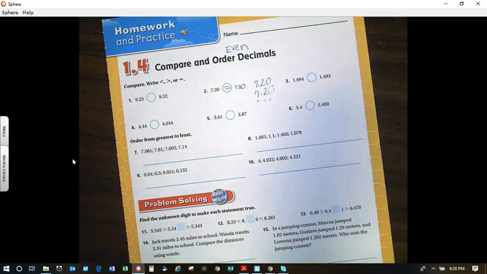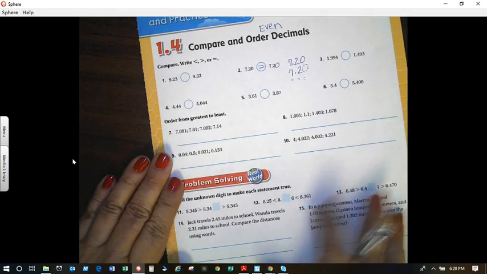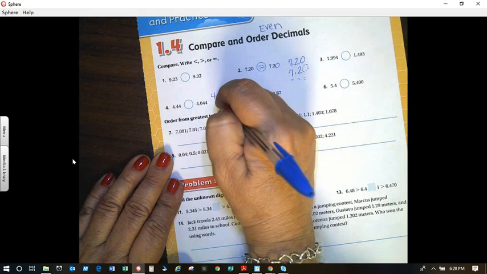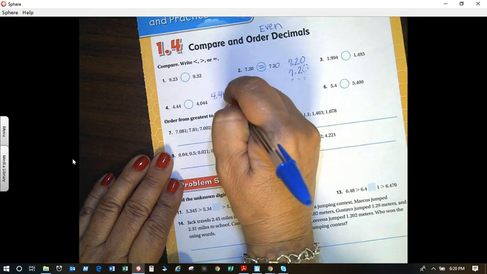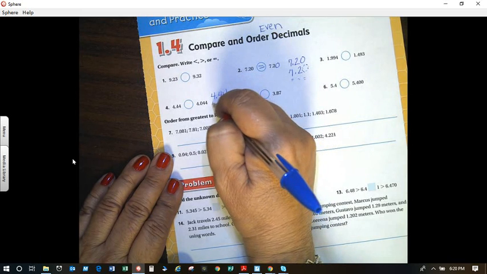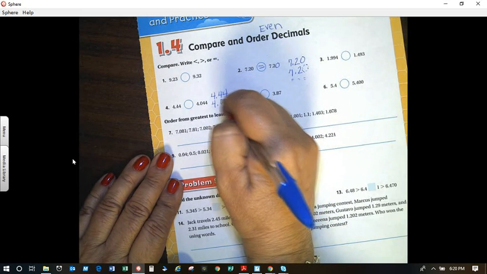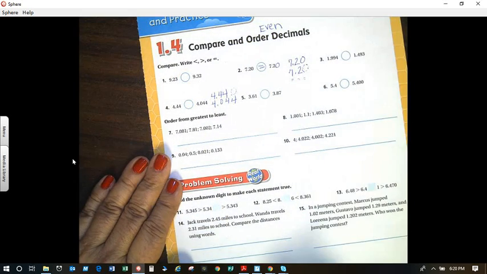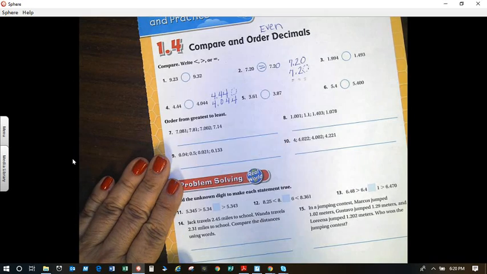Let's go to number 4. Let's see if I can just put them here instead of moving to a separate sheet of paper. 4 and 44 hundredths and 4 and 44 thousandths. Right above, I'm going to put 0 as my hero so that I can fill in that blank and look at it.